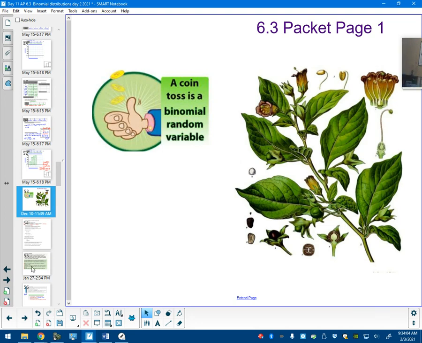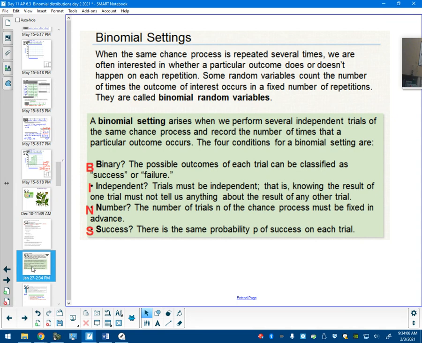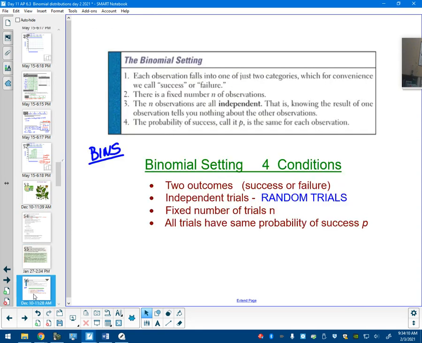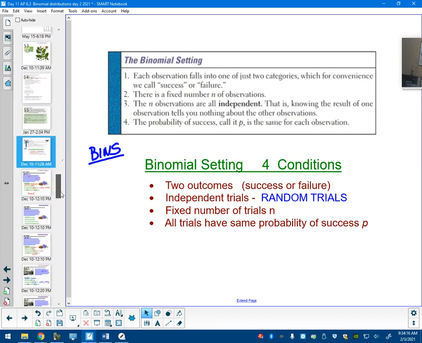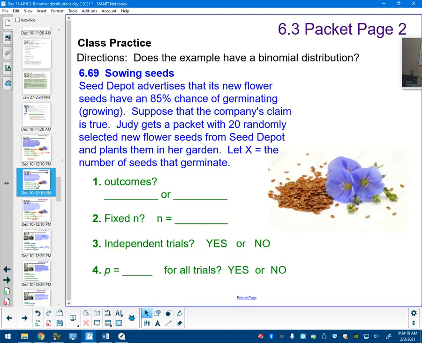All right, so we just talked about BINS. So we are going to go through three cases. If you turn to page 2 for me, we have 3 cases, and we're going to try to determine if these are, in fact, binomial situations or not.